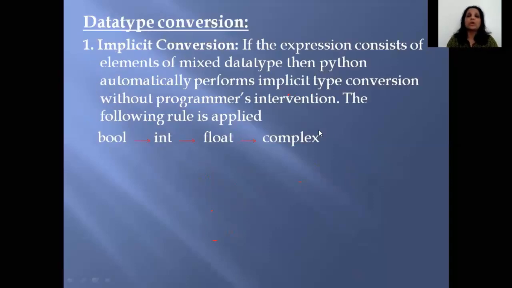Next, we're going to be talking about data type conversion. What does data type conversion mean? Converting from one data type to another. What are the data types that you have learned? You learned int, float, complex, str, bool, list, tuple, dict. Now we'll not be talking about list, tuple and dict here.